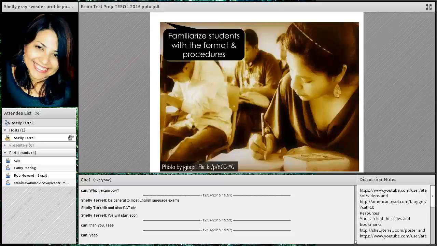So when it comes to exams, it's important that our students take a practice test, but also that we make sure that they understand the format and procedures and everything that's going to take place and is expected of them the day they take the test.